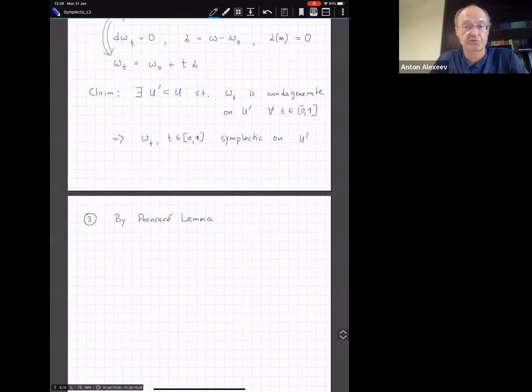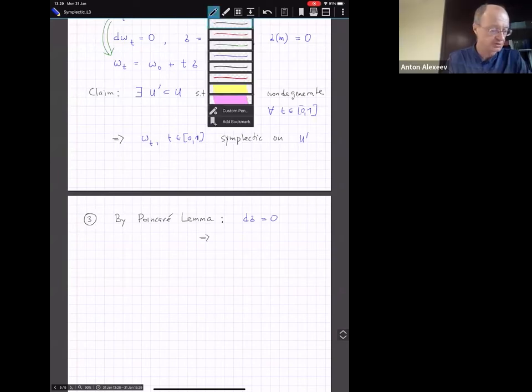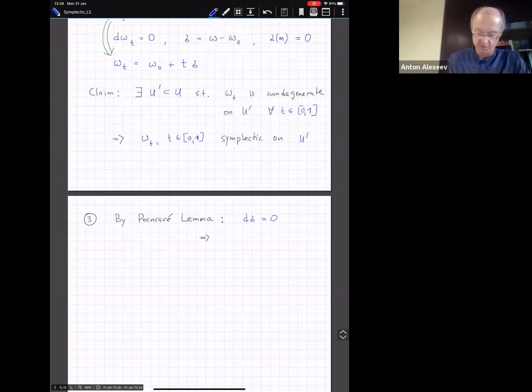Then it's a total derivative of something. Do you know the statement? Yes. Good. Okay. So we can find a primitive such that sigma is equal to d alpha.